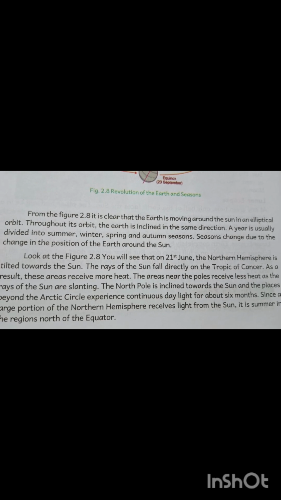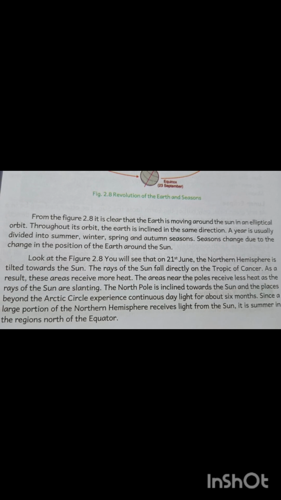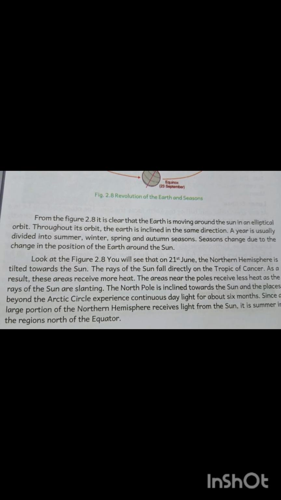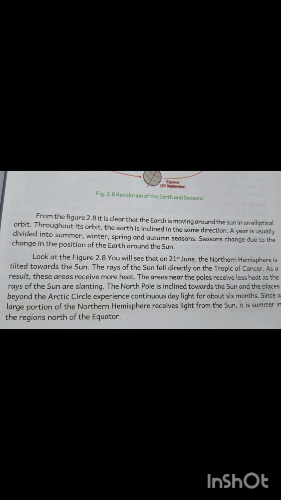The areas near the poles receive less heat as the rays of the sun are slanting. The North Pole is inclined towards the sun, and the places beyond the Arctic Circle experience continuous daylight for about 6 months.